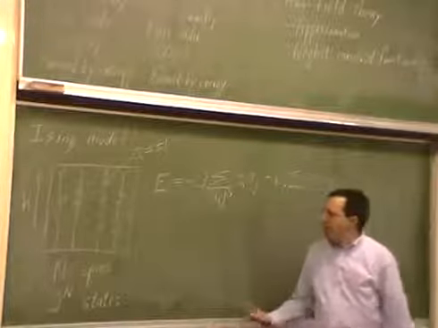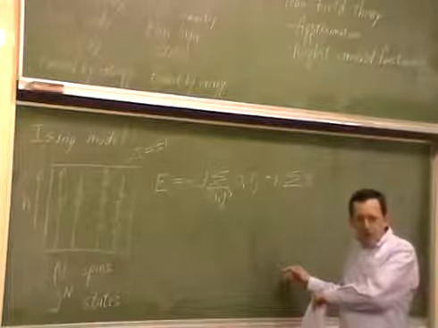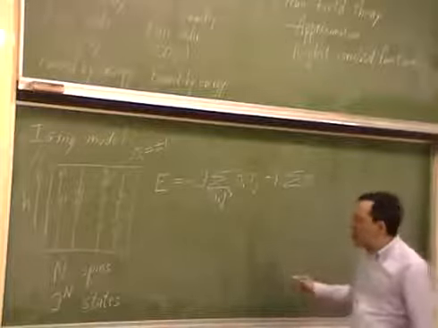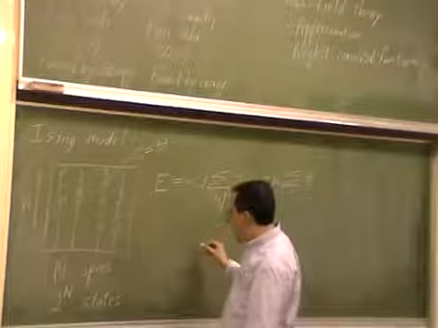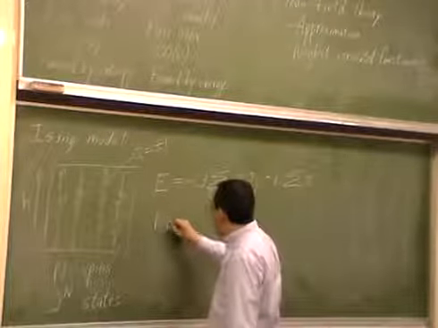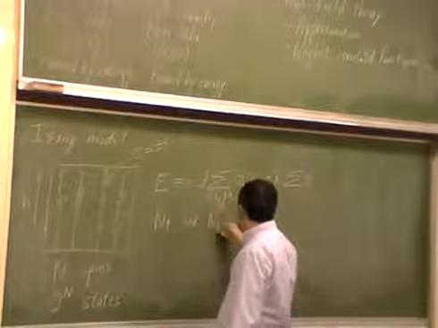Right? And now I want to classify the states based on what's the net magnetic moment. Okay? So, we'll say of these n spins, we have n up and n down, right?